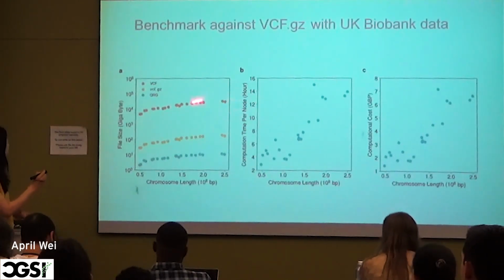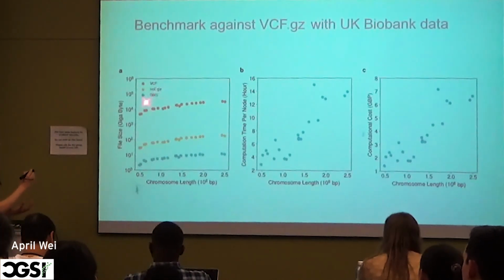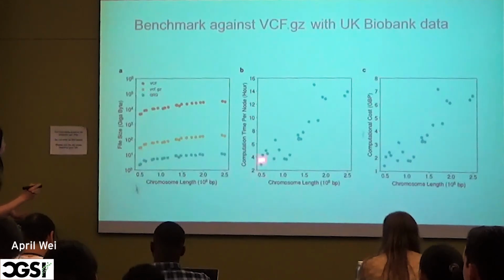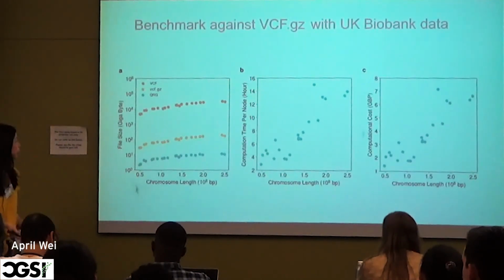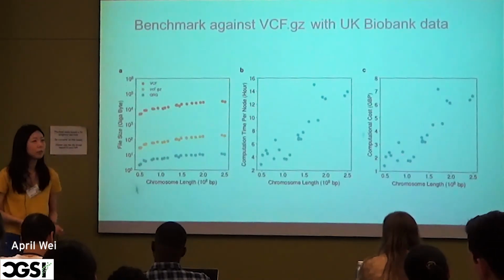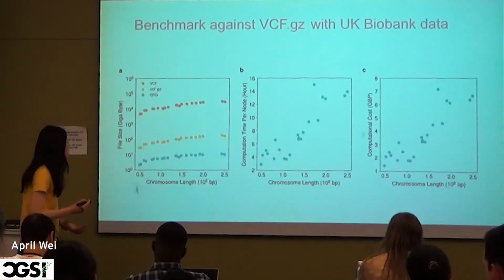And so raw VCF, of course, is really large, but even with the gzipped, that is the compressed VCF, we're about 14 times smaller than the gzipped, and so that is pretty great. And this second figure is showing the computational time per node, and we used a cloud node with 70 threads.